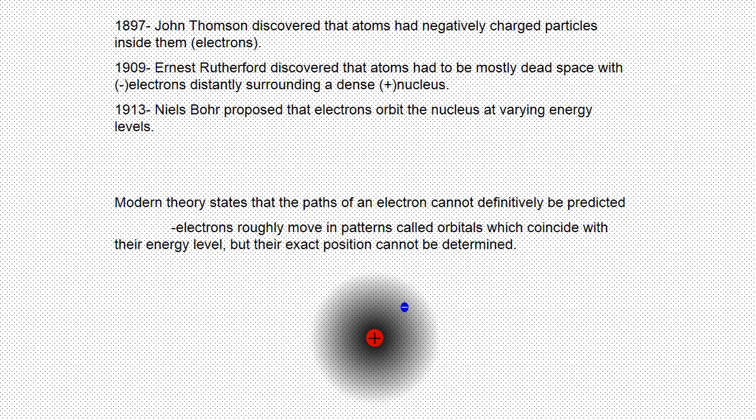And then, in 1913, Niels Bohr proposed that electrons orbit the nucleus at varying energy levels. Bohr's theory has since been revised to say that electrons roughly move in patterns called orbitals, which coincide with their energy level, but that their exact position cannot be determined. Altogether, these discoveries have allowed science to alter John Dalton's theory and shape our modern theory.